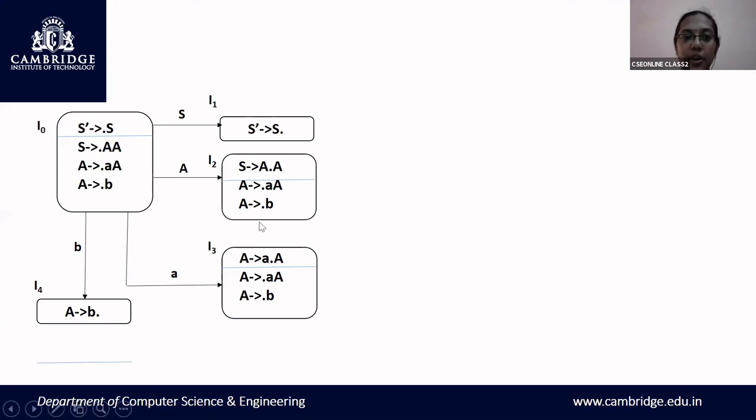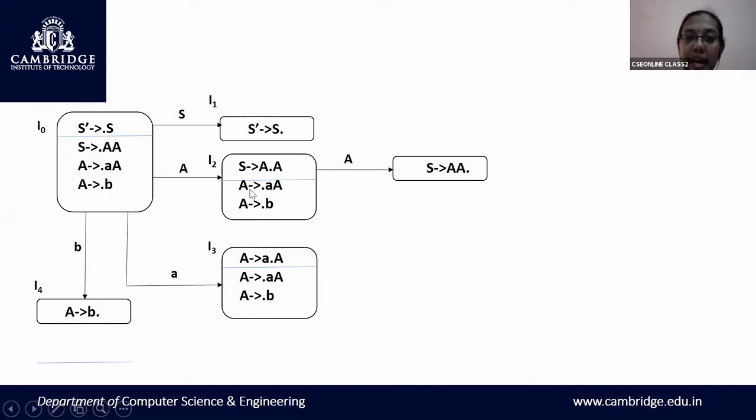Come to state I2. In I2, you can move dot to the rightmost side in the first production rule. On which input symbol? On symbol A. On symbol A, I can move dot to the rightmost side and I get the final state, one of the final state or the reduction state. Okay. Then I can move dot in the second production. I can move dot towards right hand side, rightmost side of A, and this becomes the repetition of the state I3.